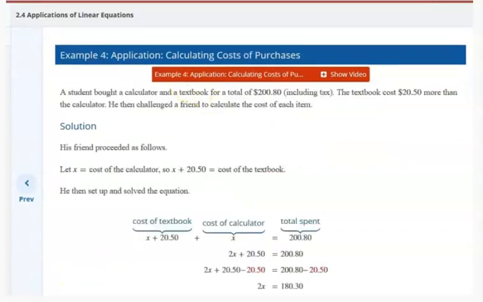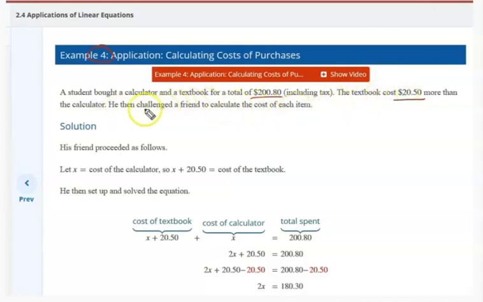Again, this is example 4. Student bought a calculator and a textbook for a total of this much. The textbook costs this much more than the calculator. He challenged a friend to calculate the cost of each.